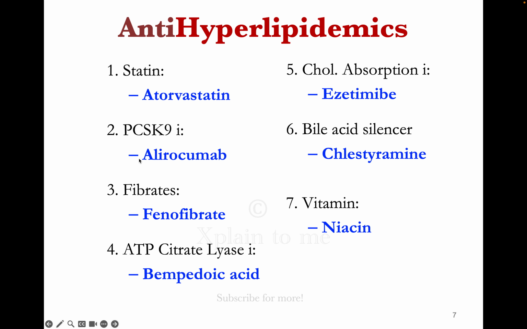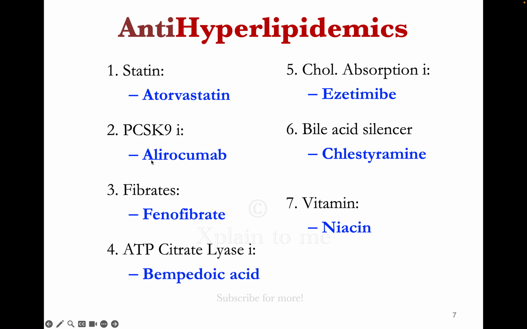There is no oral drug, of course. Subcutaneous administration is available. Half-life is about 20 days. That's a long half-life, right? So even if it is a little bit higher dose, we have doses for once-a-month administration. That is really a different factor to remember.